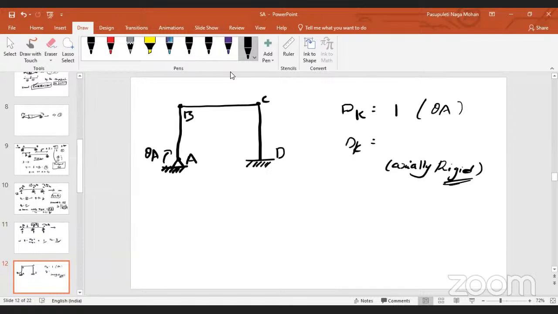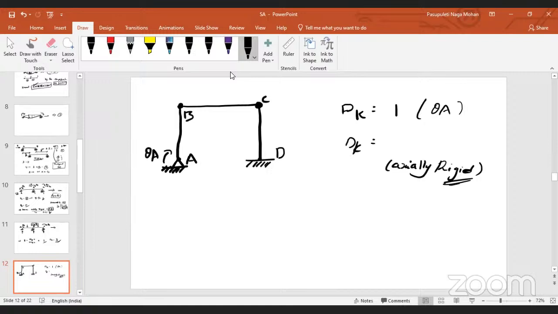Similarly at B, the transition is happening or the member orientation is changing. At this point B also you have to consider unknown displacements. At C also, and at point D also. At point D, as it is a fixed support, every value is 0.